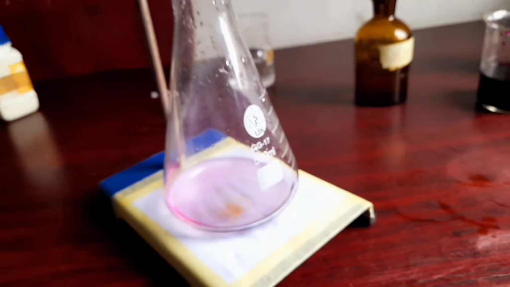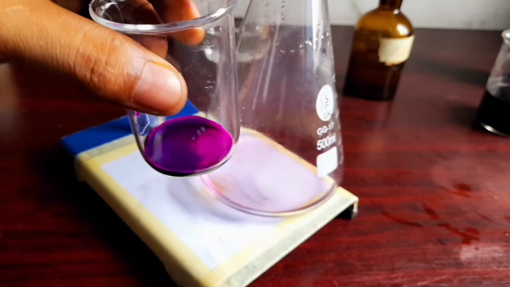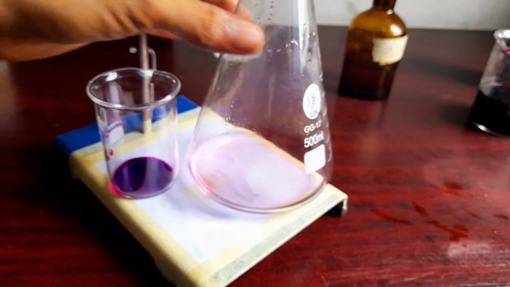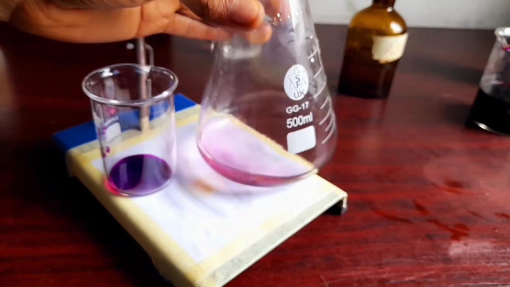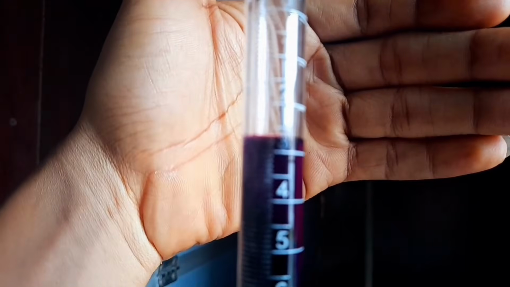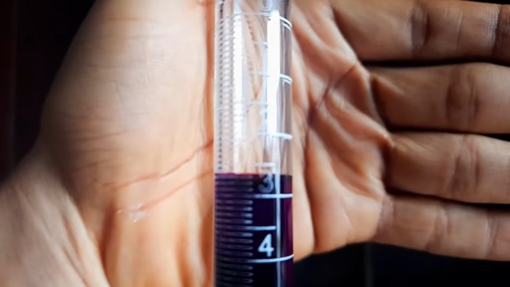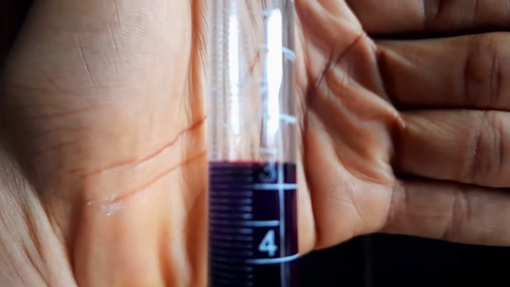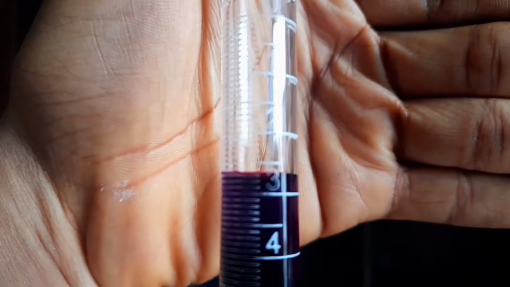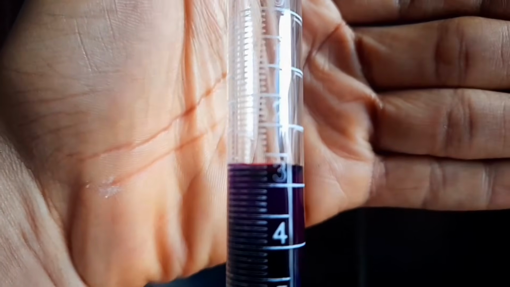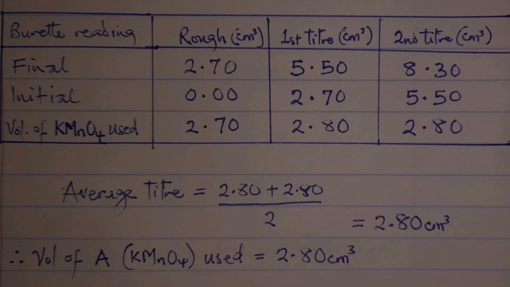That could be a question you'll be asked. When you stop there, you read the volume of KMnO4 used from the burette and record that. Then repeat the whole experiment, record the results, find the average titre and solve.